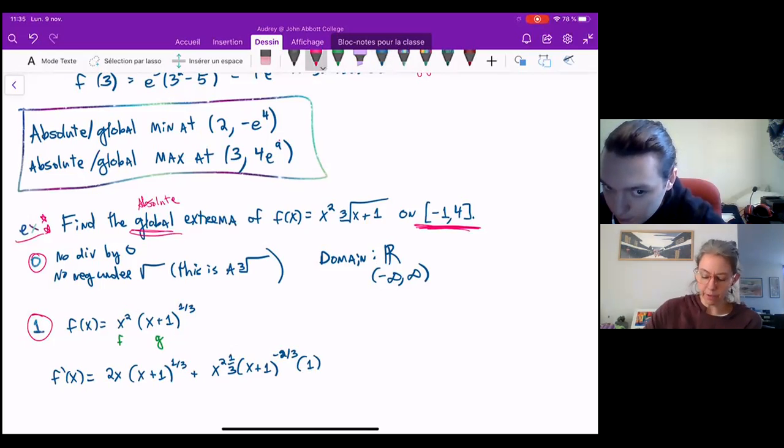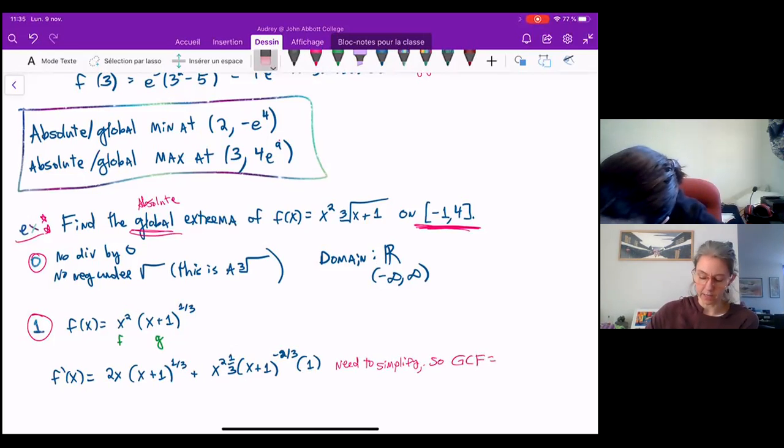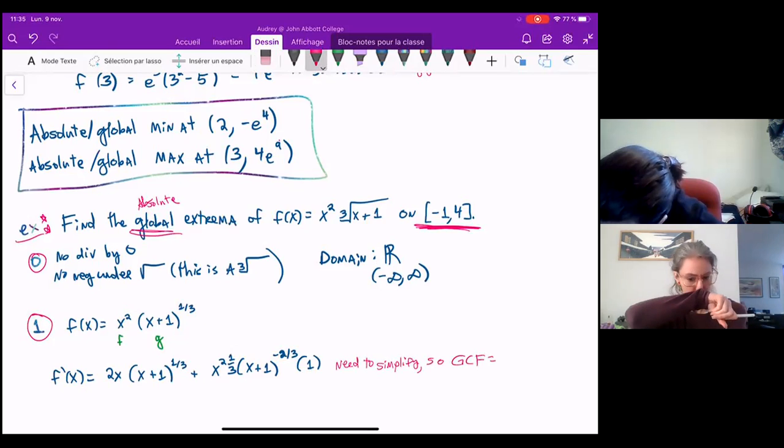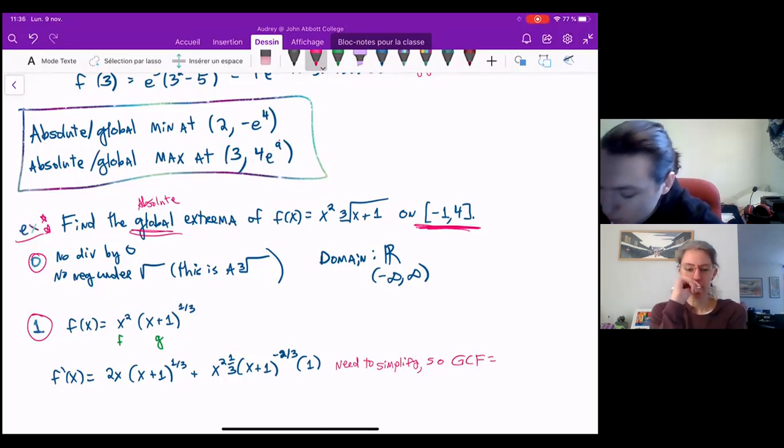Now we want to simplify, so we're looking for the greatest common factor. What is the GCF in this case? What is my GCF here, guys?